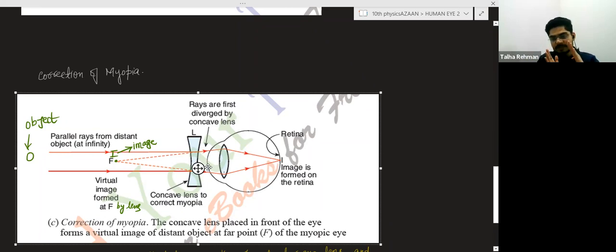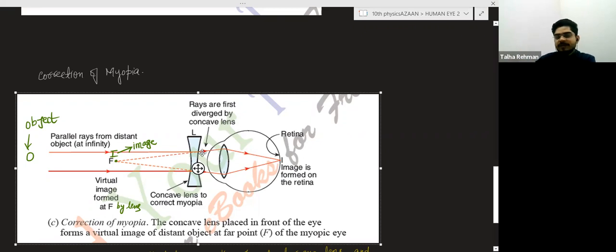The parallel rays have a concave lens in front of them, so due to that concave lens there will be some diversion, and the parallel rays will become something like this. This is the diversion.